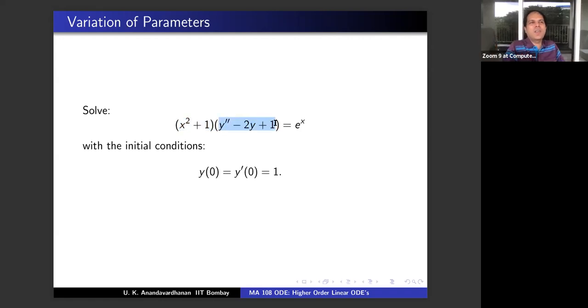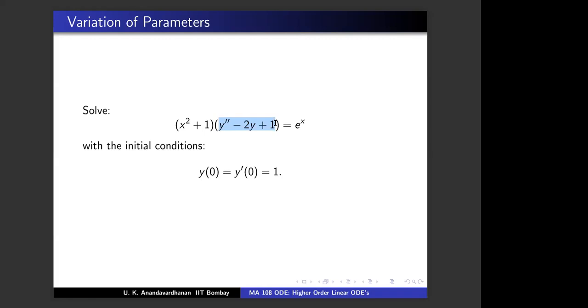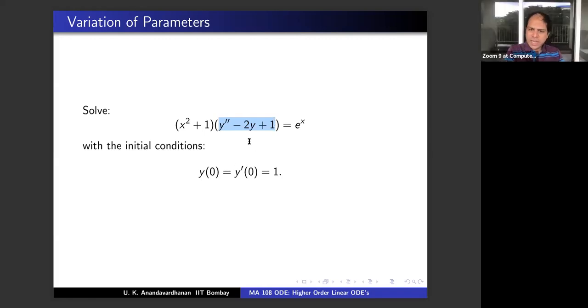So you will take v1 e power x plus v2 x e power x and do our method. And you can easily solve. Actually, this is n equal to 2 only, so this problem I could have asked earlier. And then you will solve for this and then get the general solution.